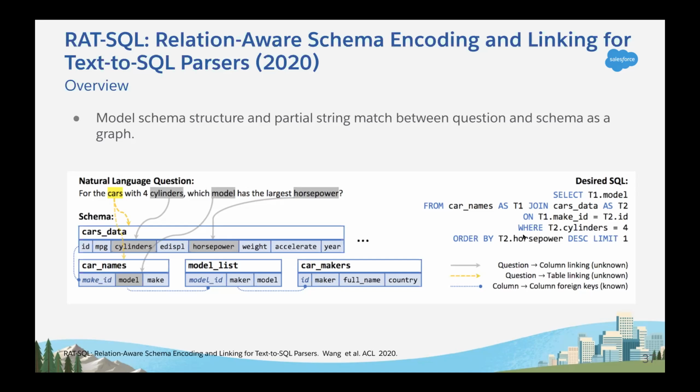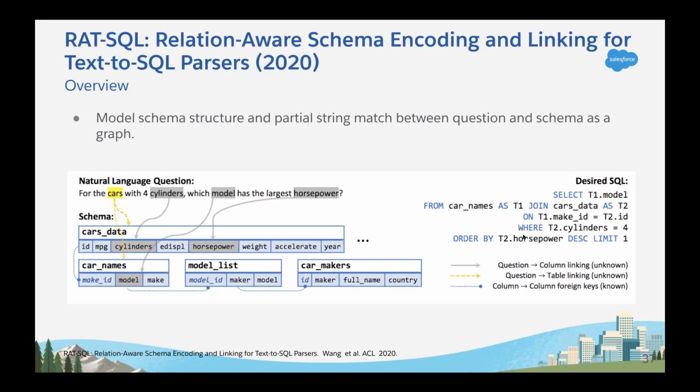Like the example in this slide, there are 3 tables in a schema, and they are connected based on the foreign keys, which is important when you need to join those tables. And second, you see the natural language question and the schema have some word matches.